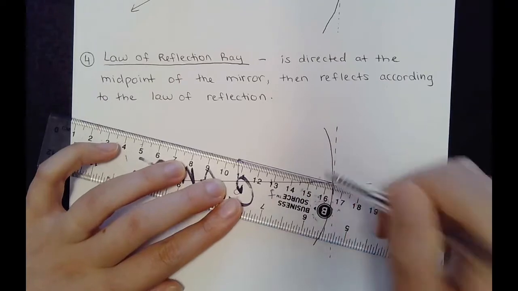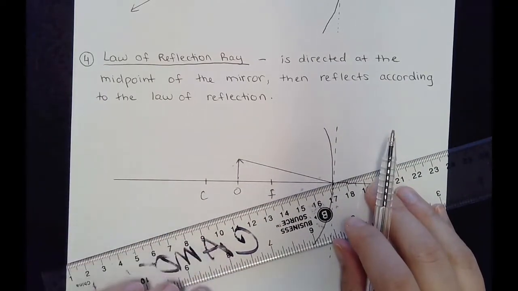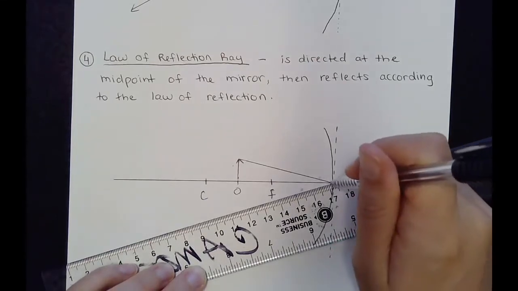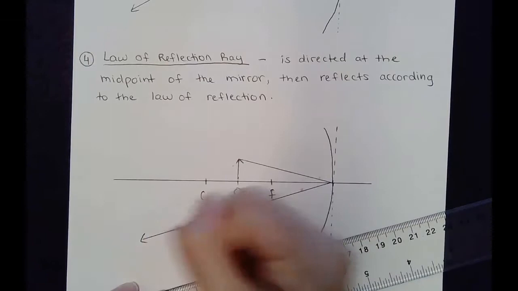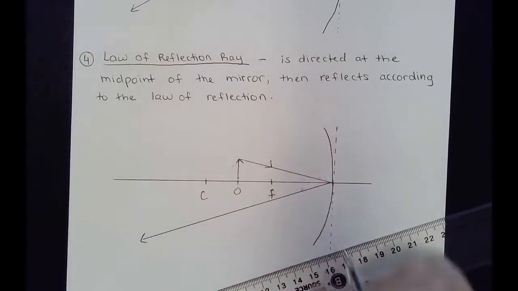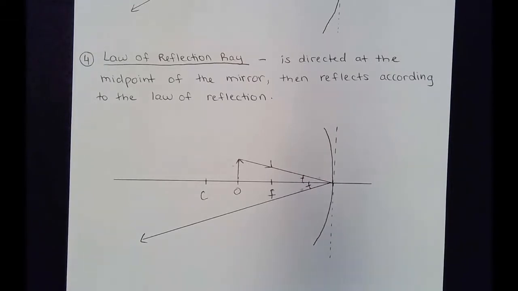And then I'm just going to estimate for now the law of reflection here. So I want it to reflect along the same angle as it was incident, so something like that, so that these angles are equal. And I think it helps to use this as your last ray because then you have an idea of where it's going, and if it's a sketch, you still don't necessarily need to measure.